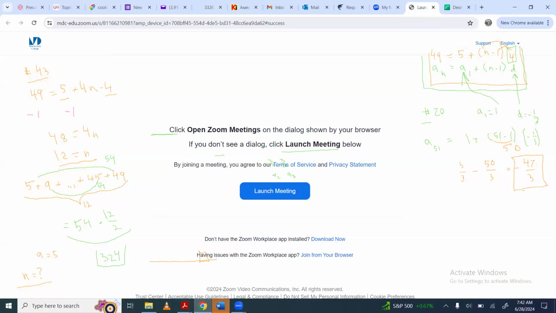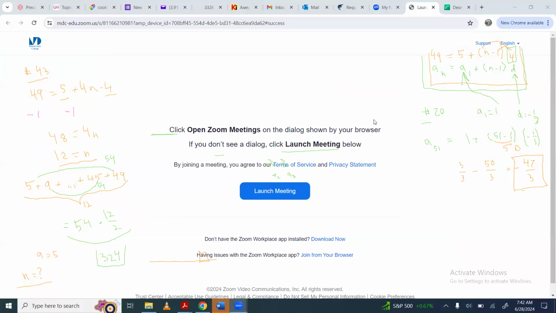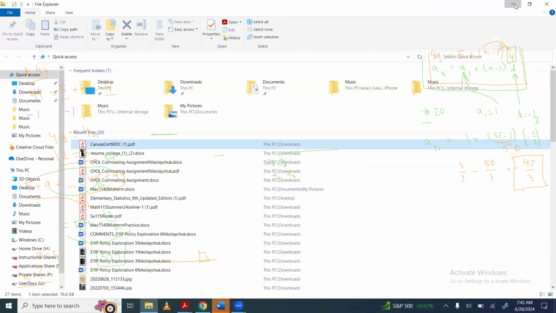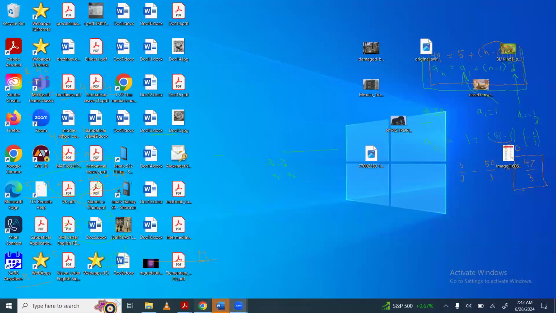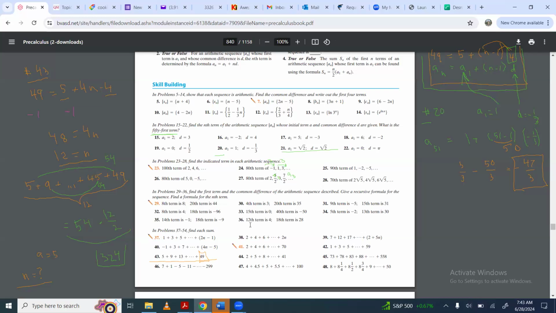It's usually here. It's where the Zoom is. Oh, here it is. Okay, the book. Okay, it's open.